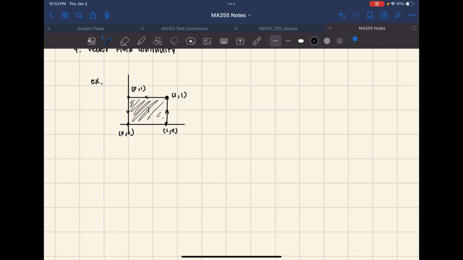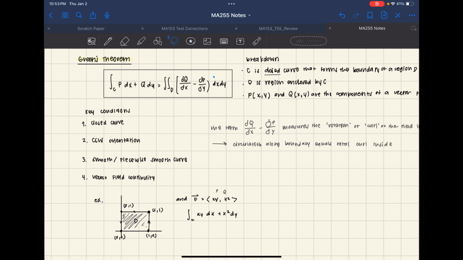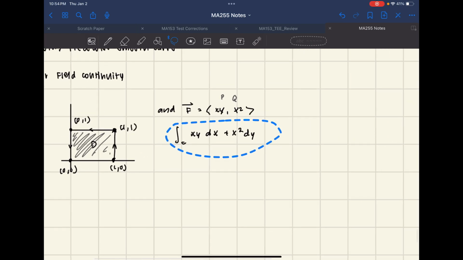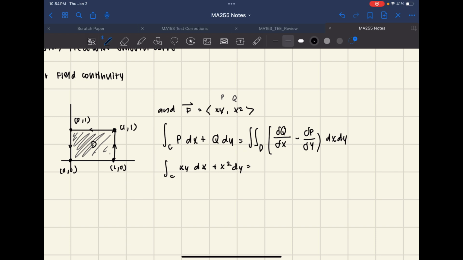The area enclosed here is our area D, and we're also given this, so we have our P and our Q. From there, we're able to apply our formula, evaluating from 0 to 1 and again from 0 to 1.